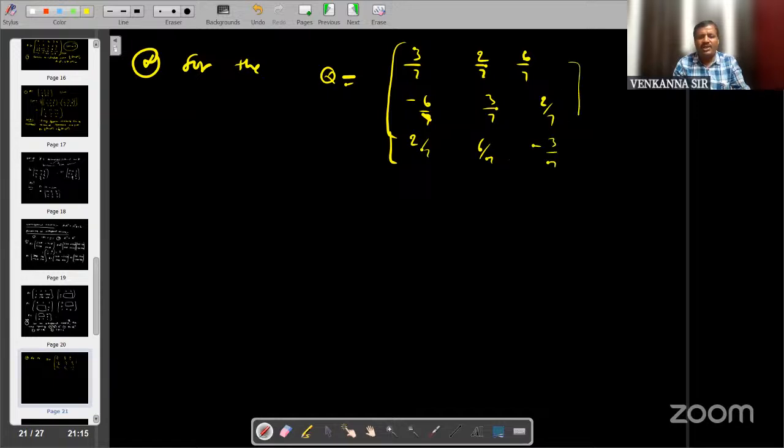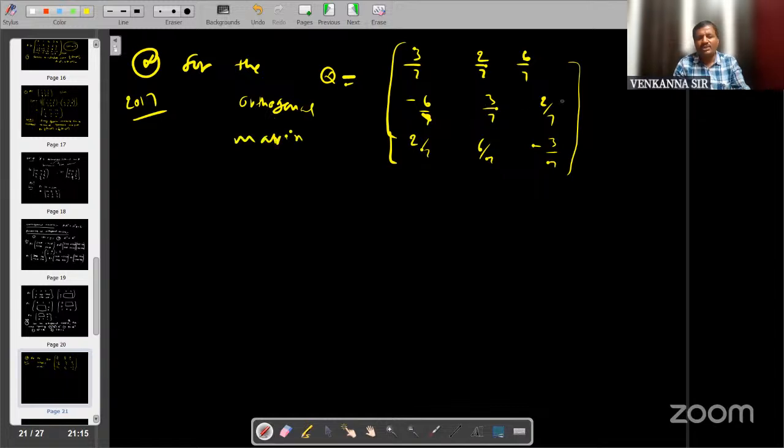That is a previous GATE question. Orthogonal matrix is given. It's a 2017 GATE question. So this is the orthogonal matrix given.